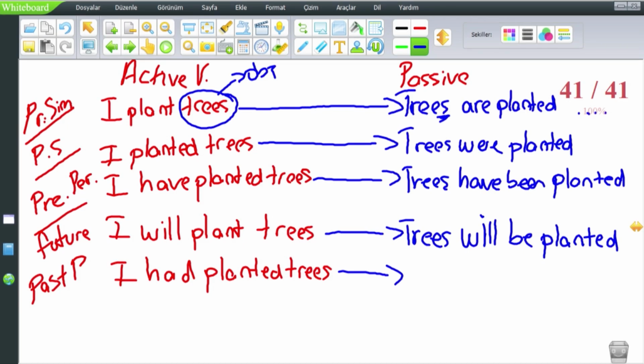And past perfect: trees had been planted. These are, actually, the same sentence, but we rewrite it according to different tenses.